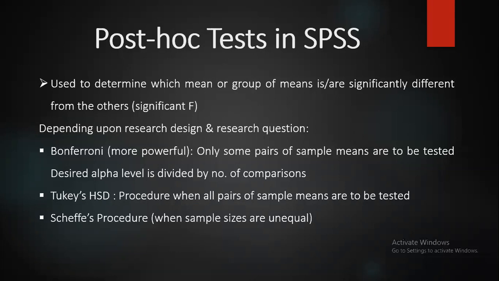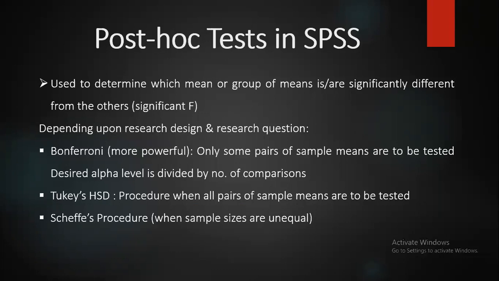So first is Bonferroni, that is the most powerful test. Now it is used when only some pairs of sample means are to be tested, desired at alpha level and divided by the number of comparisons. Okay, now we can have a direct option of the Bonferroni test in the post hoc test, so you can directly click on that.